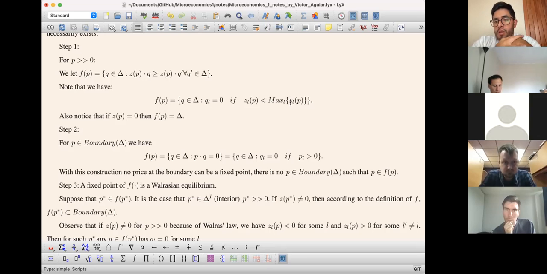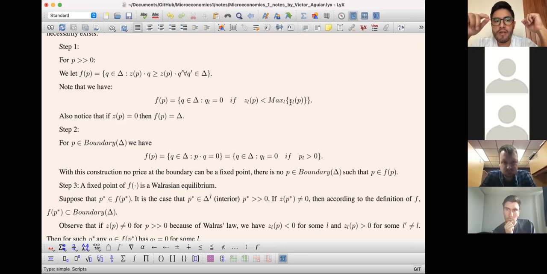Now, of course, there is some kind of intuition why I would like to do that. Essentially, remember that you are in equilibrium whenever z of P is equal to 0, right? And by Walras' law, I know that prices times z at the equilibrium price is equal to 0. So here, by changing the price to another Q, say some small deviation from the baseline prices P, this is giving you an excess demand evaluated at a different price.